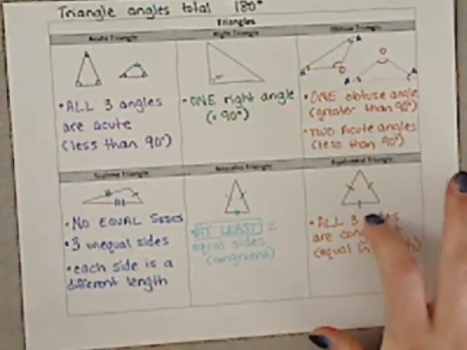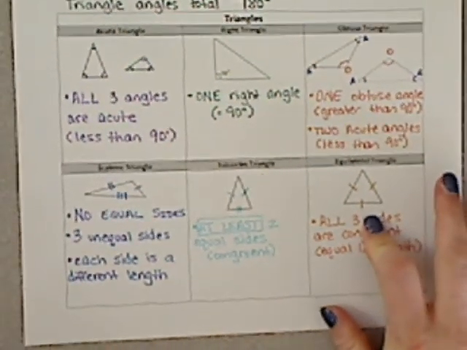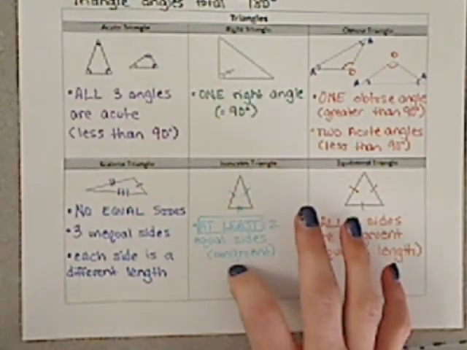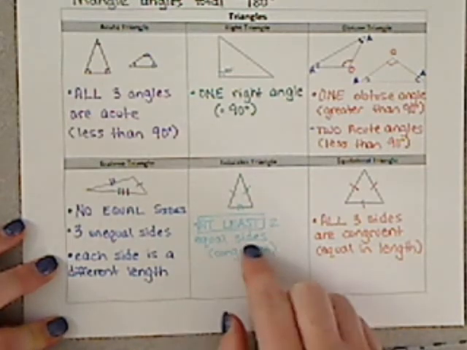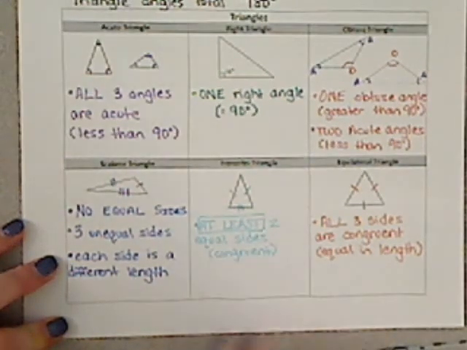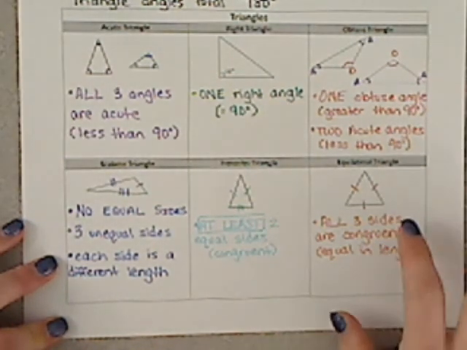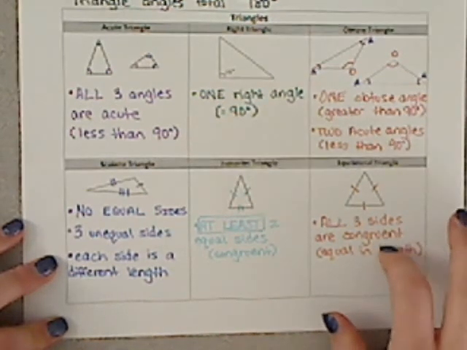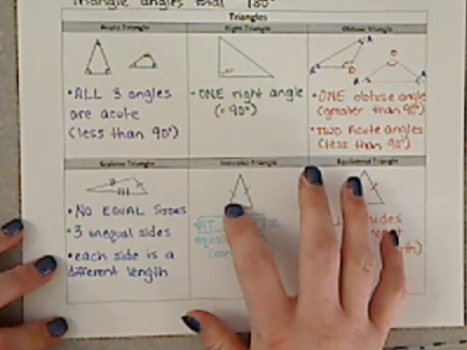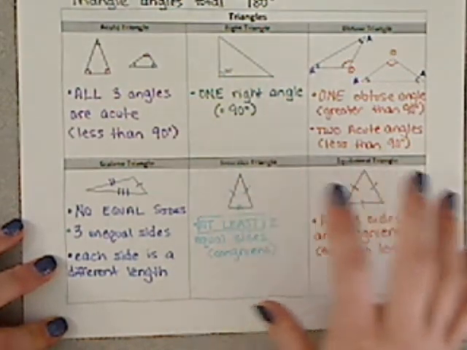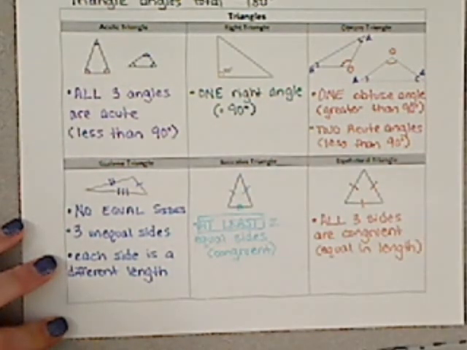So an equilateral triangle can also be called an isosceles because an isosceles only needs at least 2 equal sides, minimum 2 equal sides. But an equilateral has to have all 3. So an equilateral is always an isosceles, but an isosceles is not always an equilateral.